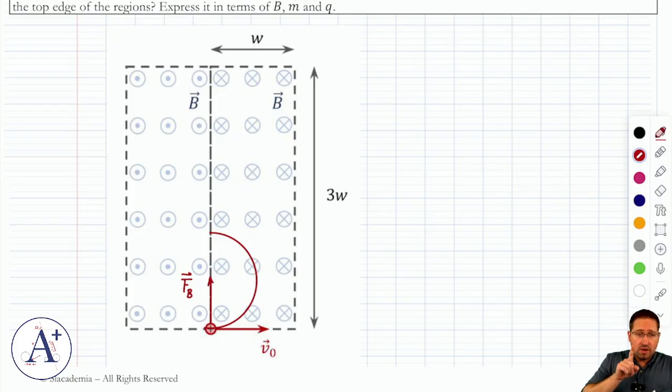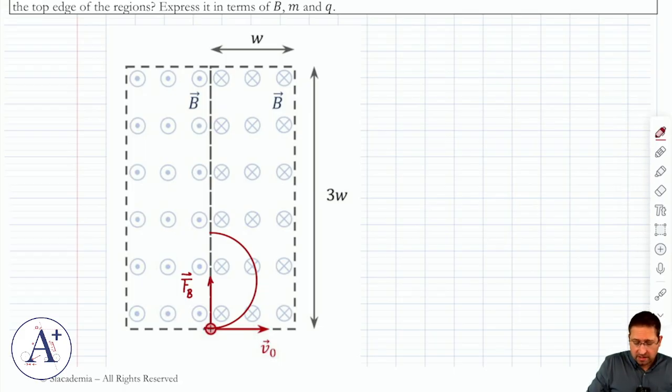And what do I know? I know that the magnetic force does no work, so the speed will not change. The velocity will change in direction, but the speed will not change. So it will arrive here with the same speed v0 just to the left. Okay, let's do it again. Forefinger to the left, middle finger out of the page now because B is out of the page.